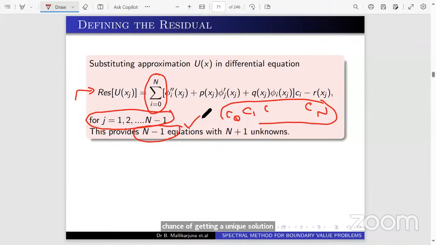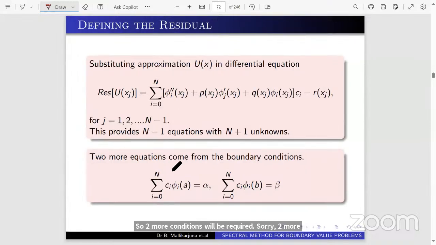So how do we get the other two conditions? Because there are n plus 1 unknowns, the residual function gives n minus 1 equations, so two more equations will be required. That we get from the initial condition and the other end.